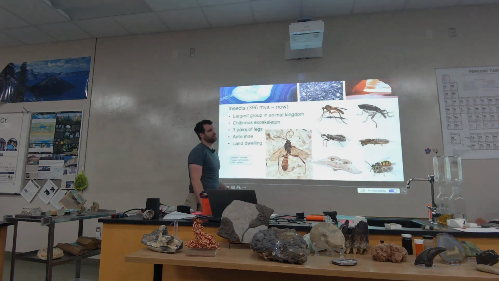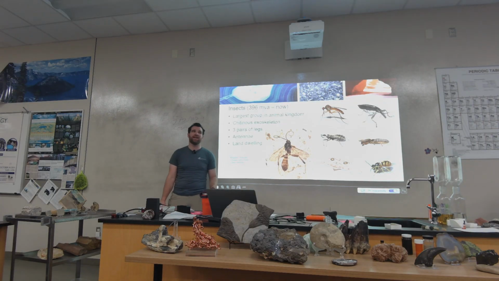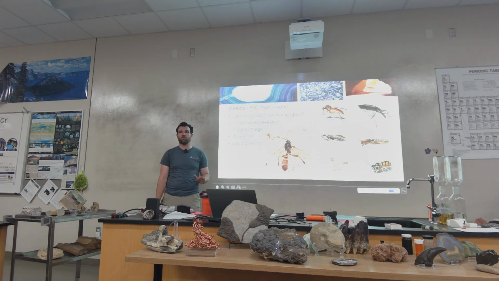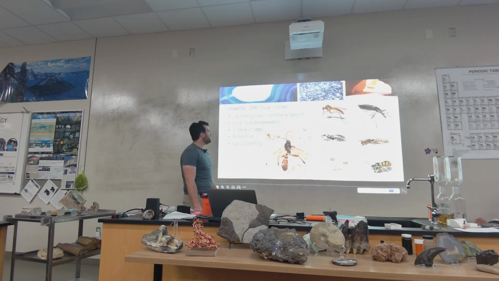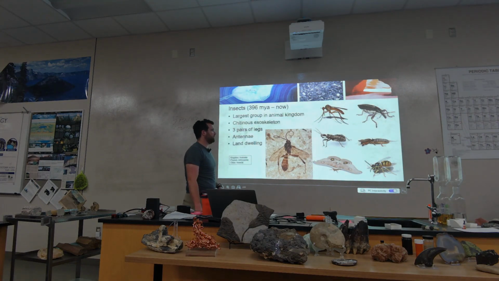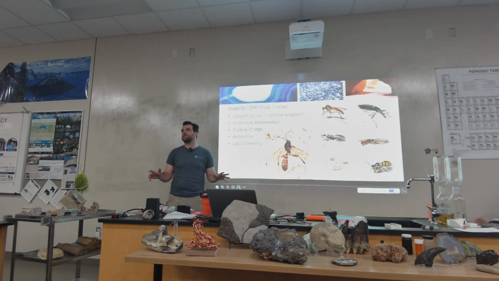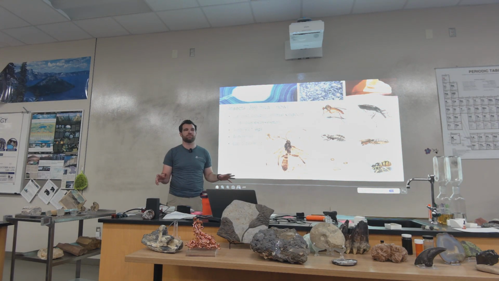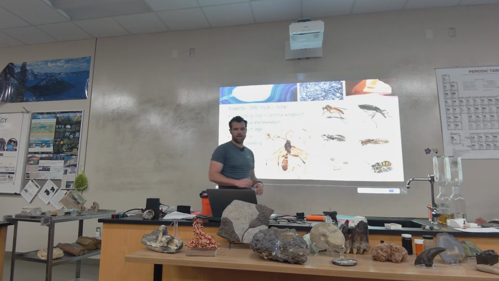They've been very successful. As a matter of fact, if we were going to say that the Earth belongs to a certain group of organisms, a certain group of animals, based on numbers alone, Earth would belong to the insects, all right? So insects have 3 pairs of legs and an exoskeleton. Anything with 4 pairs of legs is not an insect, which excludes what? Spiders. Spiders are not insects, okay?